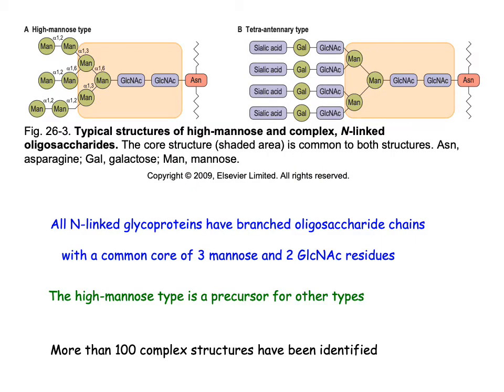Now, when we look at these carbohydrates, we're seeing two types here in this figure. One that's often called the high mannose type, and the other one, I don't know if it really is called anything, but they label it tetraantennary.